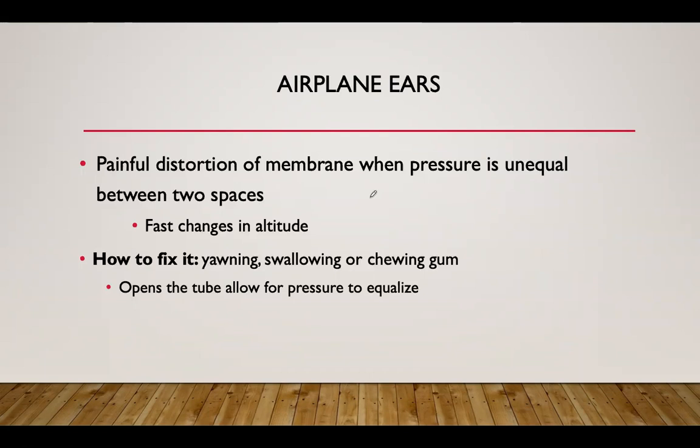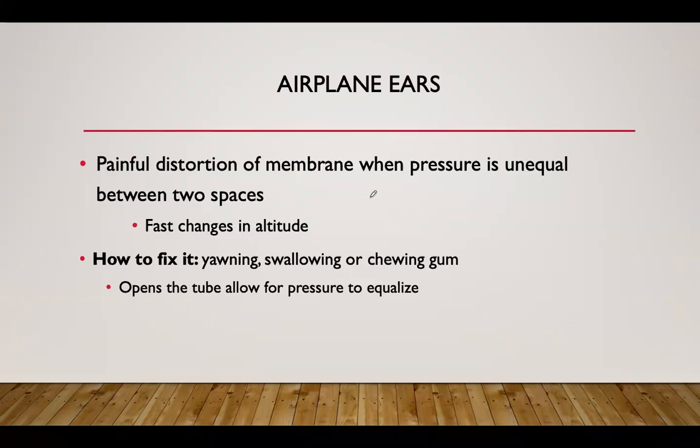And the main reason is that the pressure in the external environment, or your atmospheric pressure, is dropping while your middle ear maintains its original pressure. That change on the tympanic membrane sides affects how your hearing will be decreased and the pressure causes the pain.